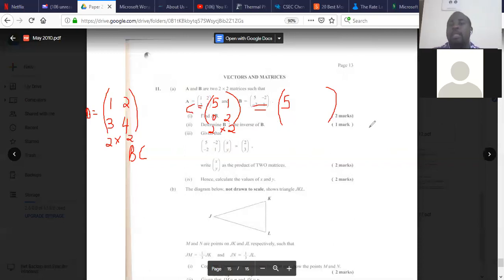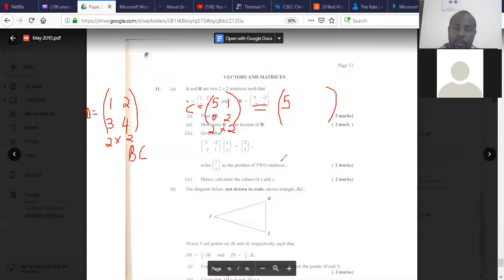Repeat that for me twice. The amount of rows in the first one, along with the amount of columns in the second one, tells you the order of the answer.